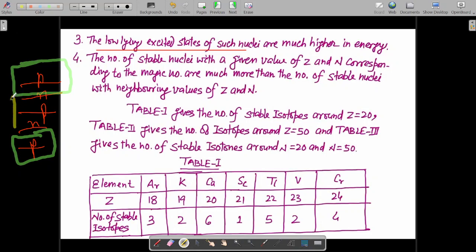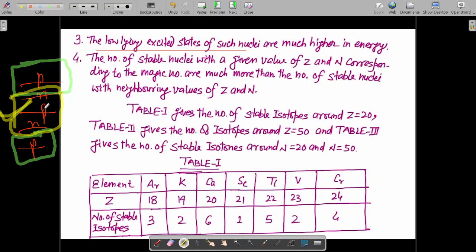These three intermediate states are low lying excited states, and for magic nuclei these states are much higher in energy.